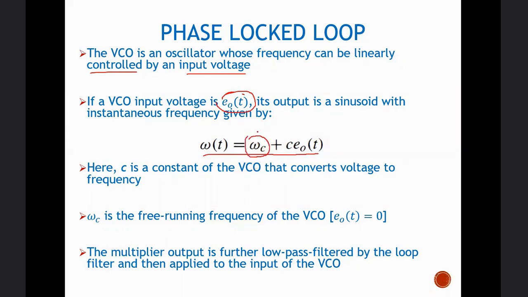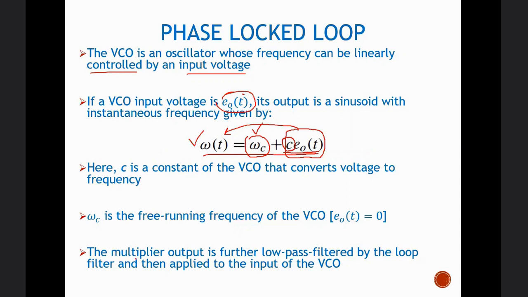That means if there is no voltage input to the VCO, the output would be omega C. If there is an input voltage to the VCO, which is e0(t), then the VCO multiplies that voltage with c, which is a constant, and this voltage after multiplication with c becomes frequency. So the range of voltages is converted into frequency ranges. This summation gives us the output frequency of the VCO.